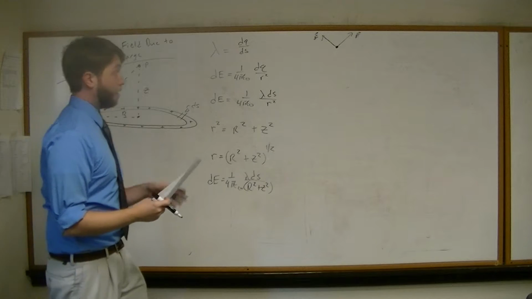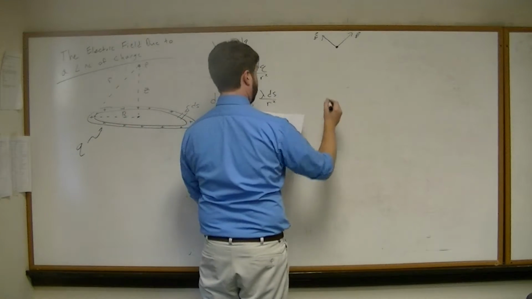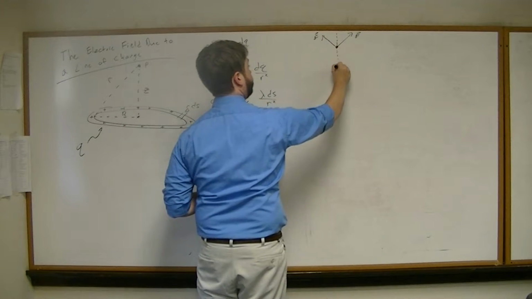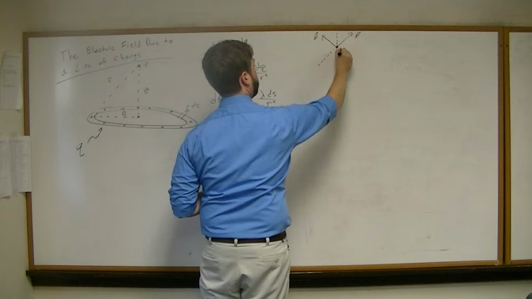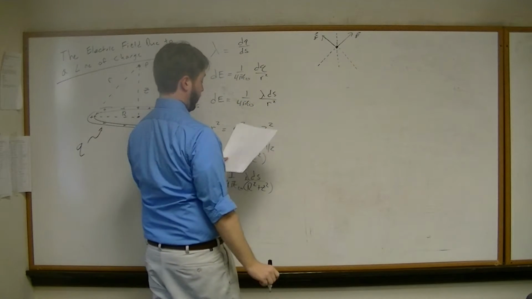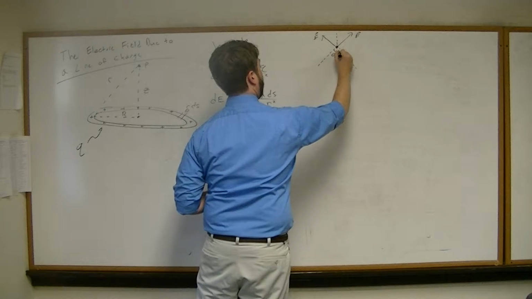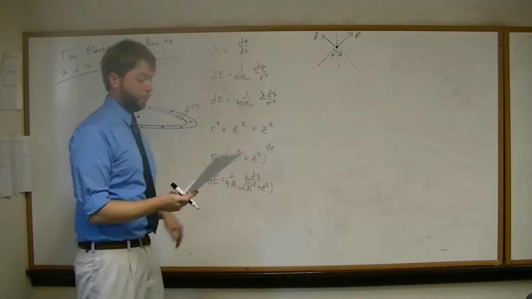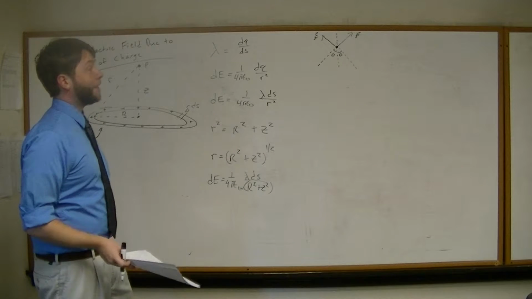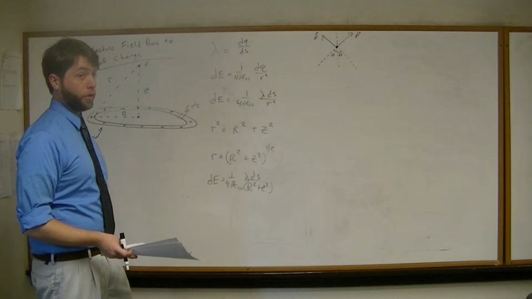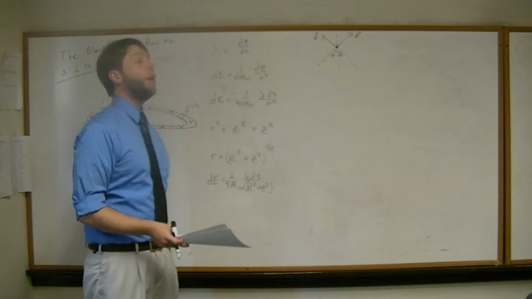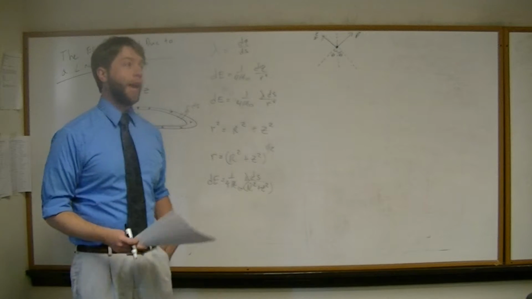So again, we have very nice symmetry in this problem. So if I come down here and create something like this with our angle of theta and another angle, the same theta, with those two thetas being the same, we are going to get that the x components of those electric fields are now going to cancel out. The y components are going to add together.